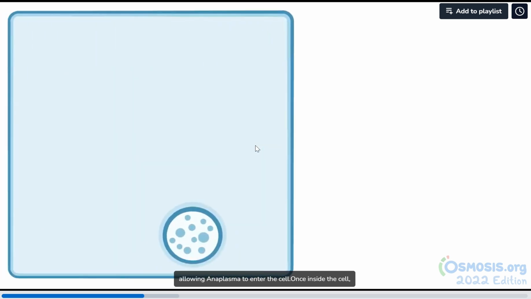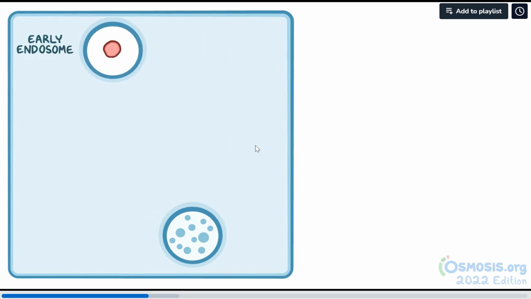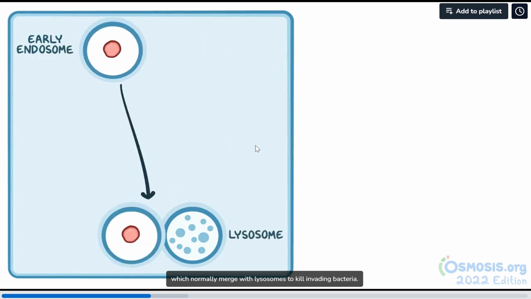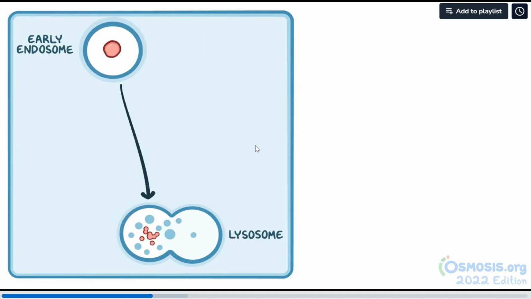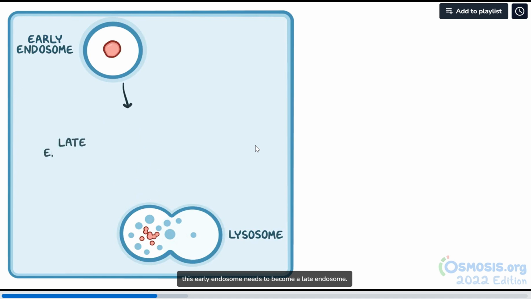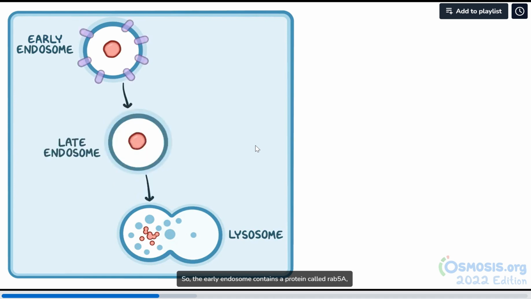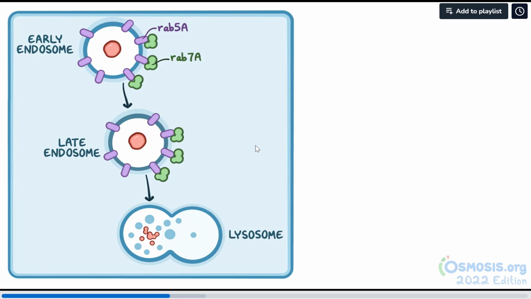Once inside the cell, both Ehrlichia and Anaplasma live in an early endosome, which normally merges with lysosomes to kill invading bacteria. But in order to merge with lysosomes, this early endosome needs to become a late endosome. So the early endosome contains a protein called RAB5A, which is involved in the recruitment of RAB7A and the maturation of these compartments into late endosomes.